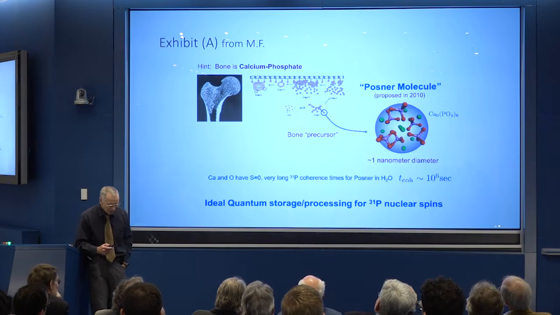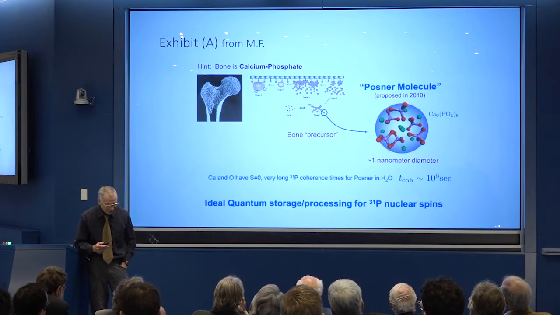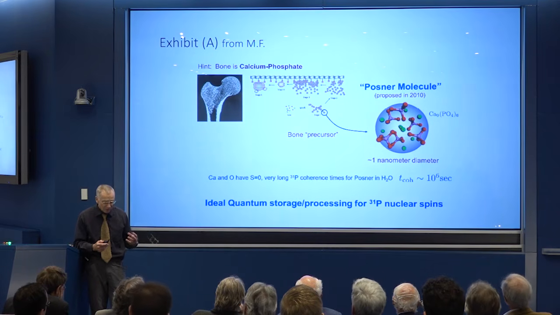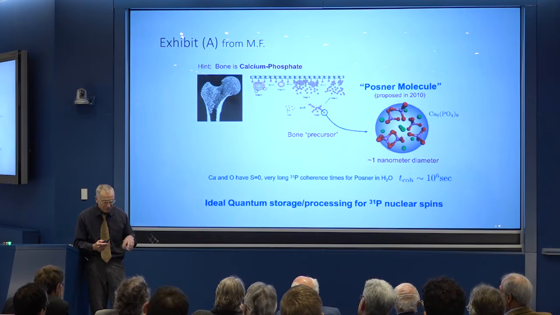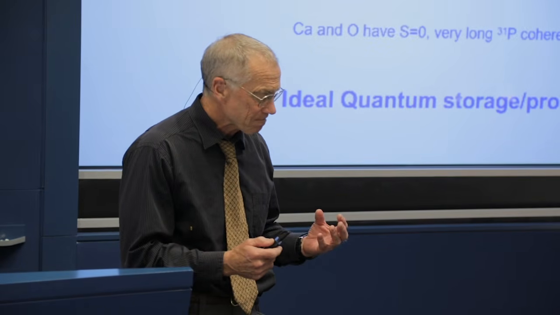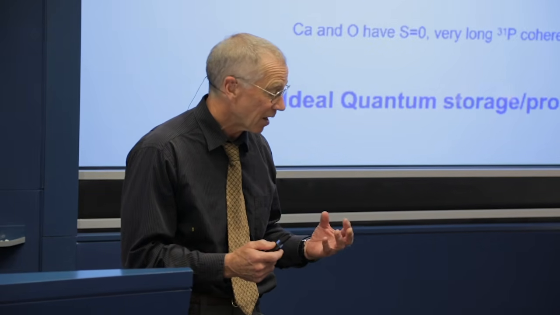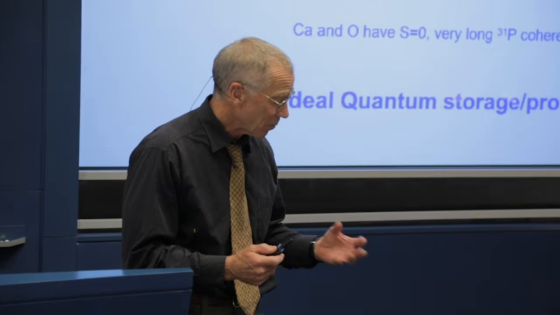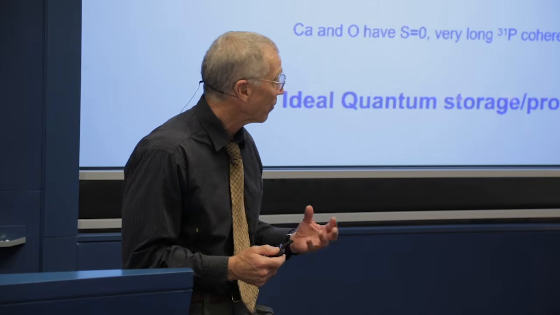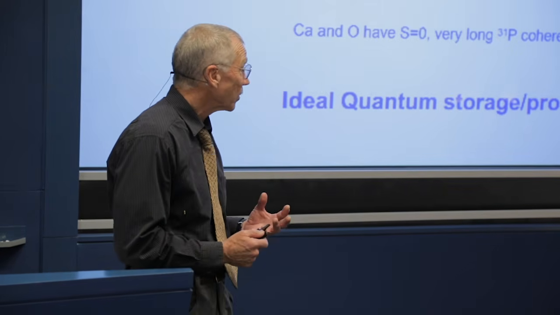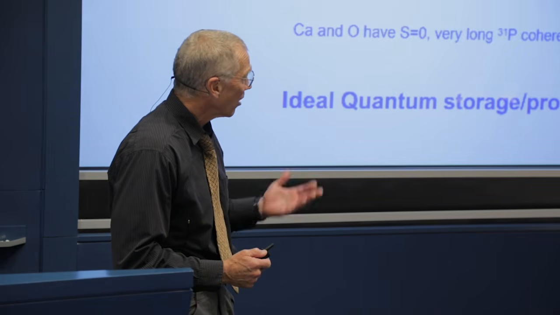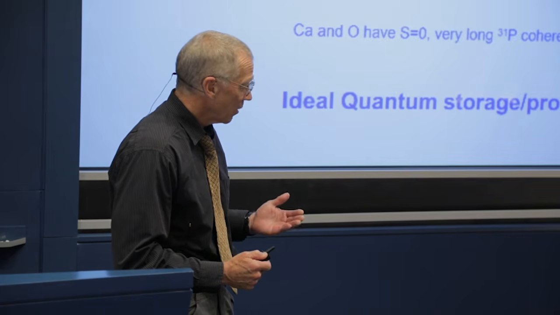What he did is he looked at the chemical elements which are common in the body for a spin-a-half nucleus, because only spin-a-half nuclei have sufficiently small or vanishing electric quadrupole moments that they will not be scrambled by various electric fields which they would encounter in the body. So the only element that fit the bill was phosphorus.